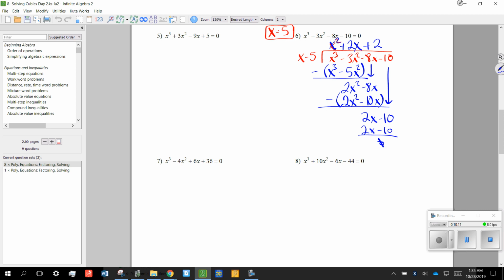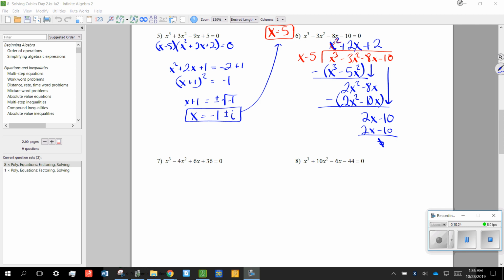So we have x minus 5 times x squared plus 2x plus 2, and ta-da! If you complete the square or do the quadratic formula, we find negative 1 plus or minus i would be the solutions. And that's what we expect. We expect two imaginary solutions because it only passed through the x-axis once.